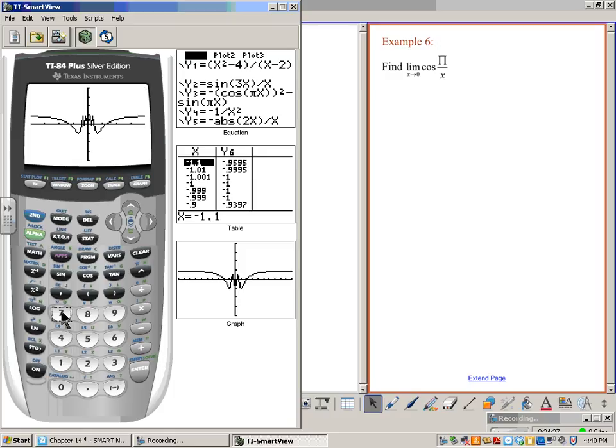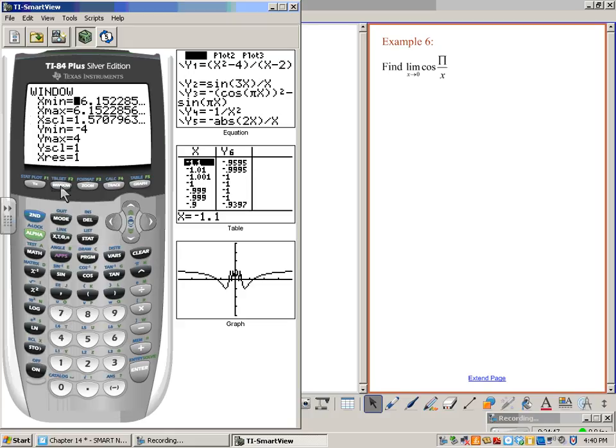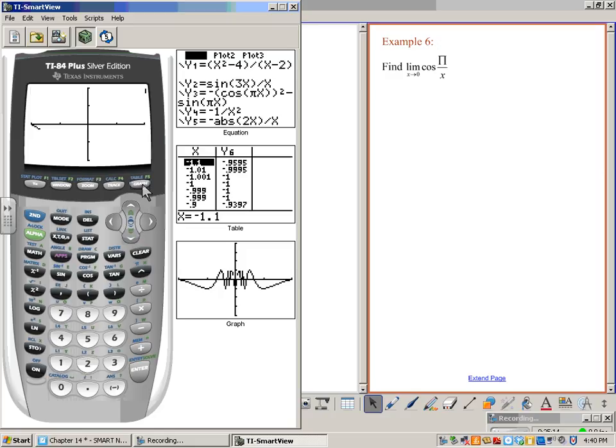All right, so it does look like we have some oscillating going on there, but we need to move in and get a closer look at what's going on. So I'm going to go to my window, and I'm now at -2 pi and at 6. So first of all, we're going to 0, so it's easy to go a little bit on each side. So let's change that to -2 and +2, and we are going to scale by 1 instead of pi over 2. And let's change this minimum to -2 and +2. Okay, and now let's look at a graph.